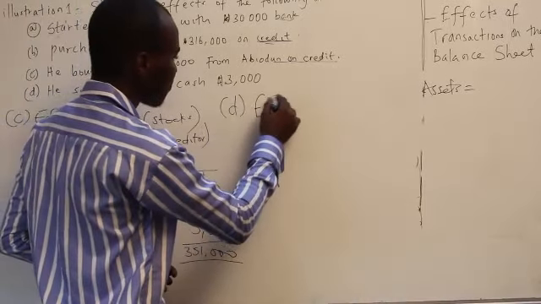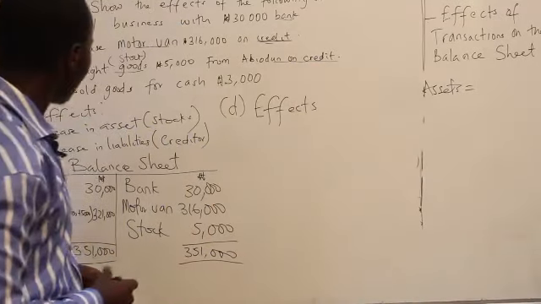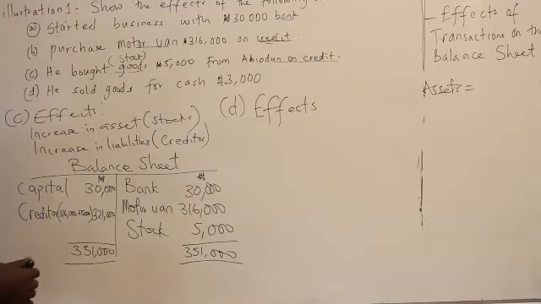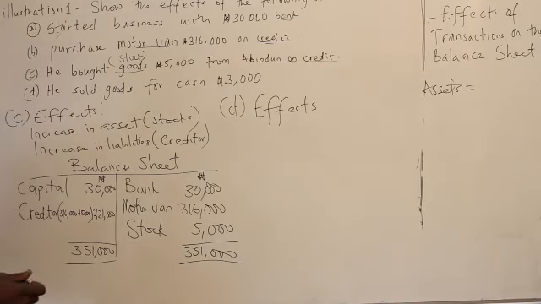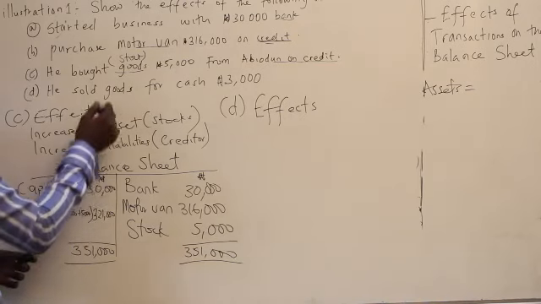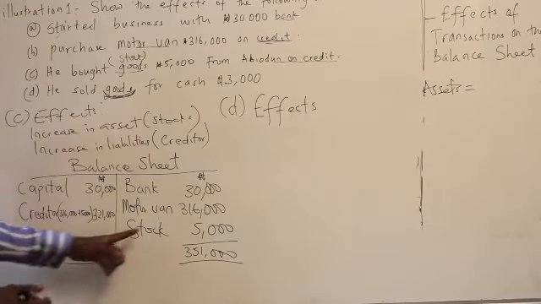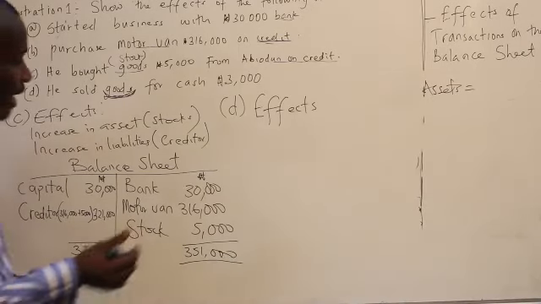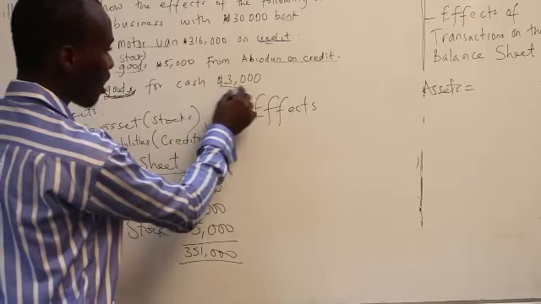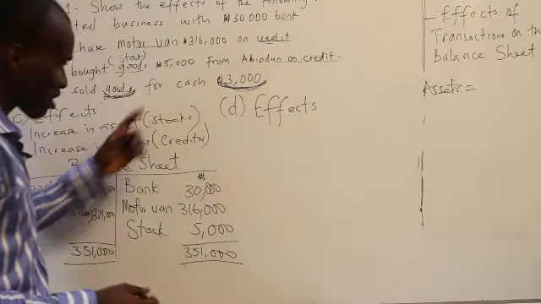Effects. The effects of the transaction will be an increase in assets and a reduction in other assets. Goods that are being sold are going out of stock, so there will be a reduction in stock. While cash is coming in, there will be an increase in assets, which is cash.